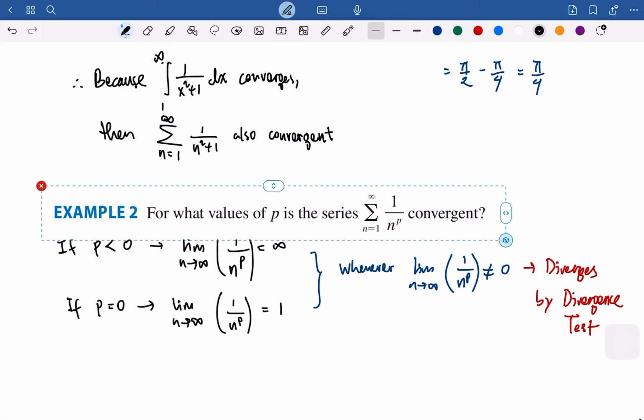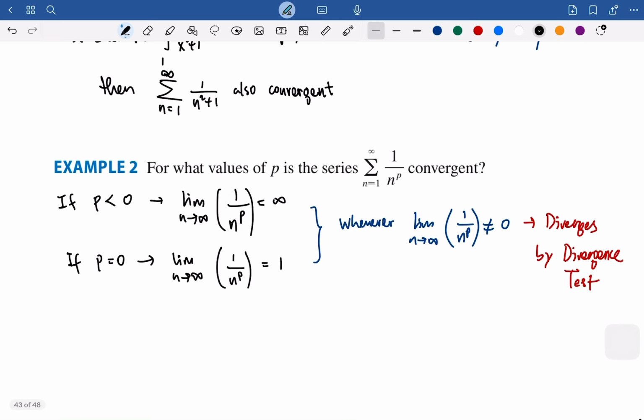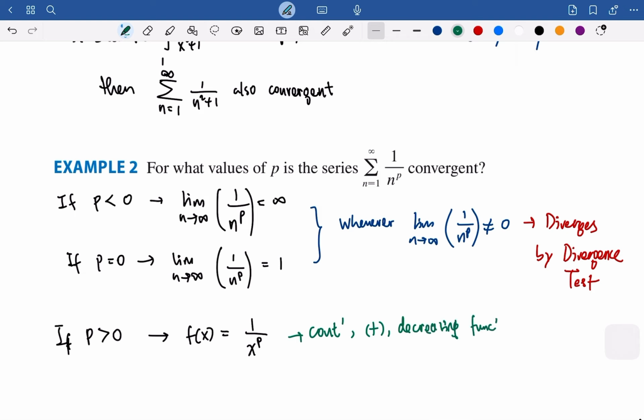And now the question arises if p is greater than 0. So if p is positive, then if we take f of x equals 1 over x to the power of p, this is going to be a continuous function, positive, and decreasing, just as we mentioned from the previous example.